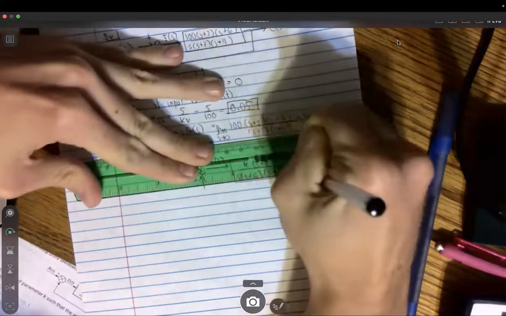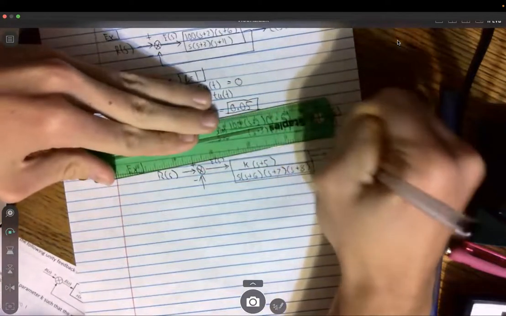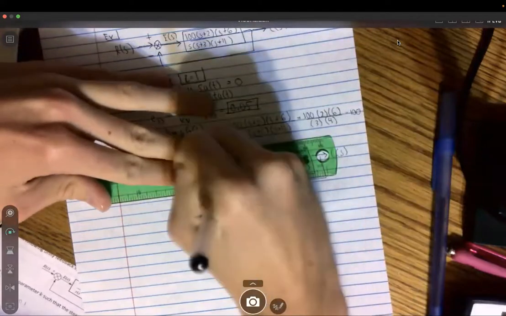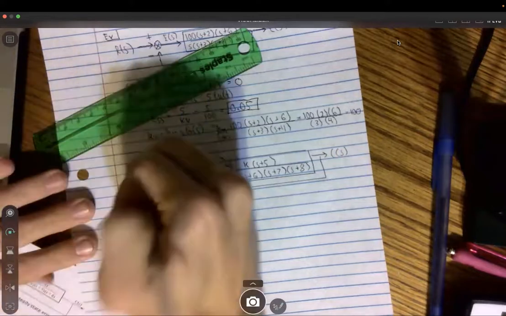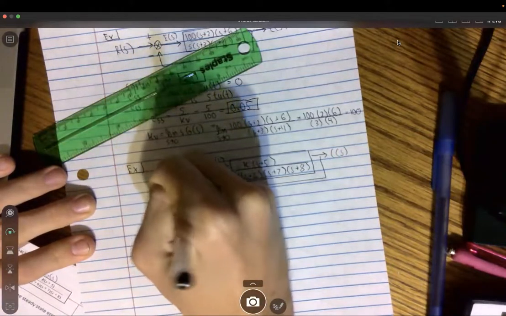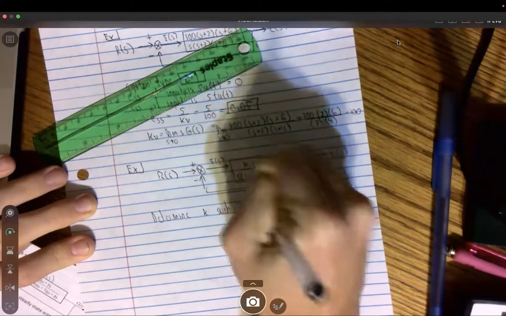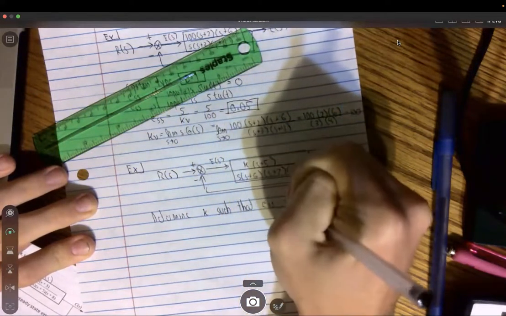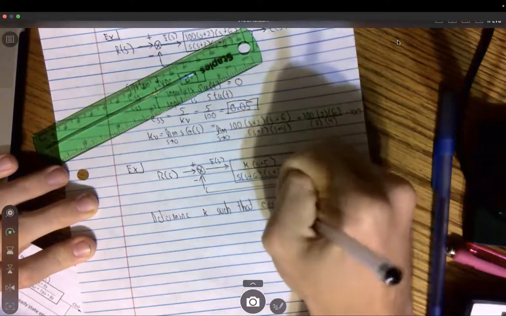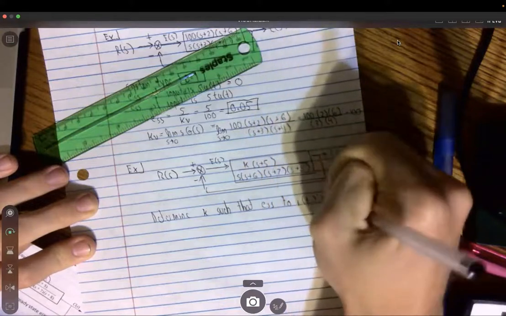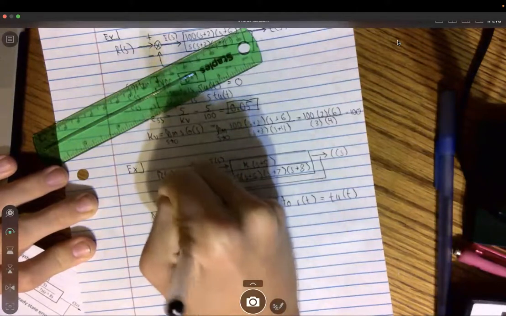And it's going to have an output, which is given by C(s). And here, we need to determine the parameter K. So determine K such that the steady state error to r(t), which is of course the unit ramp, is less than 10%.